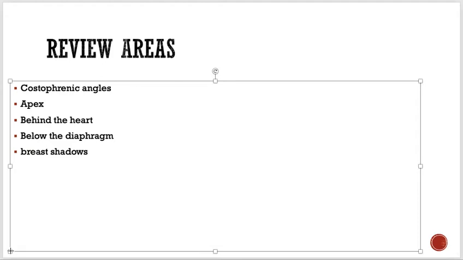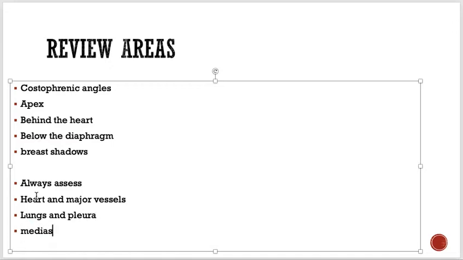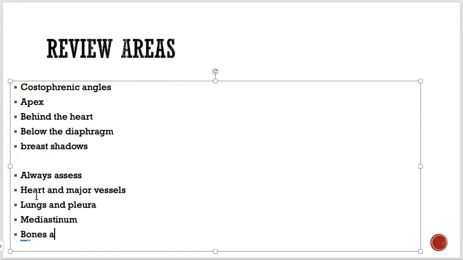And the structures which you have to see overall in any chest X-ray, you have to always assess: heart and major vessels, lungs and pleura, mediastinum, bones and soft tissue.